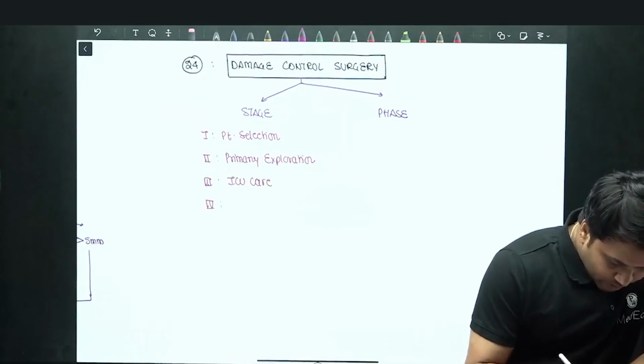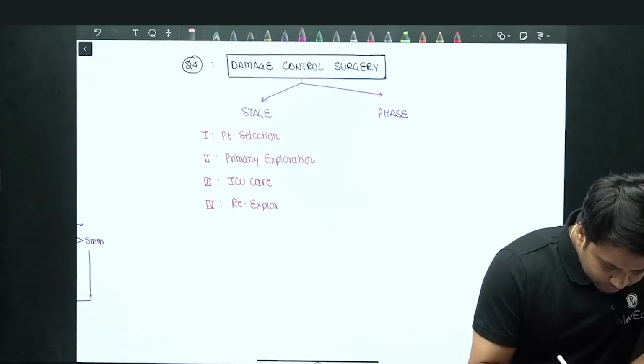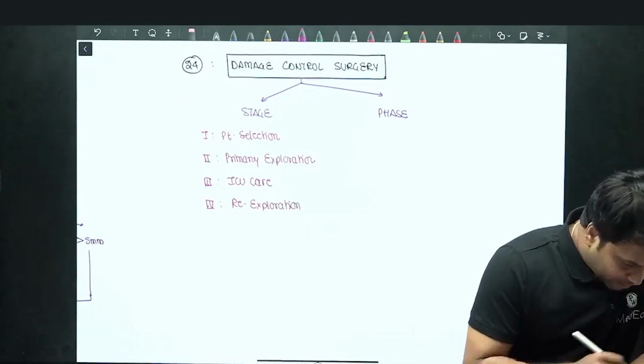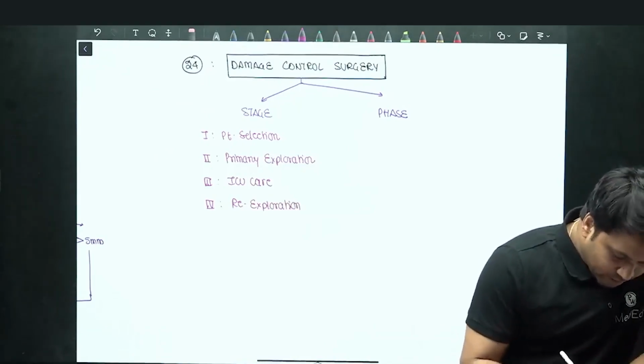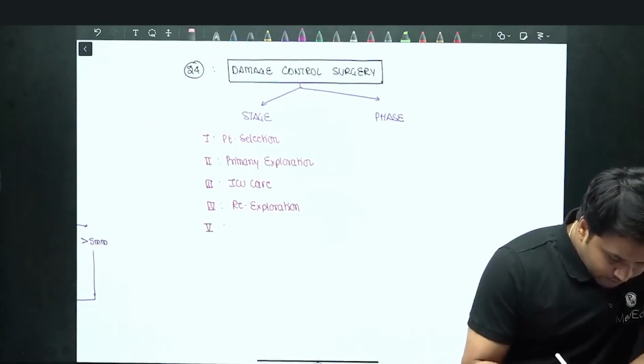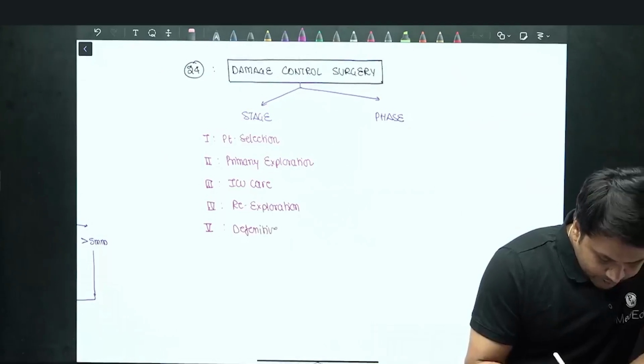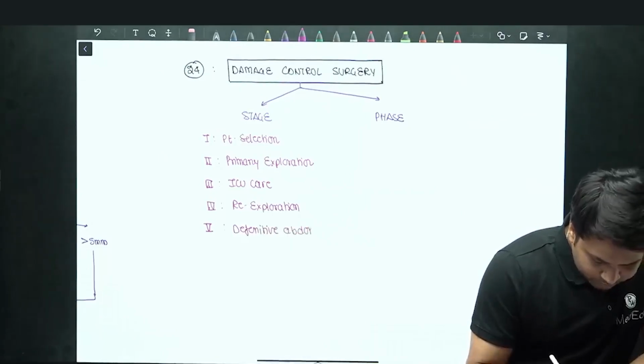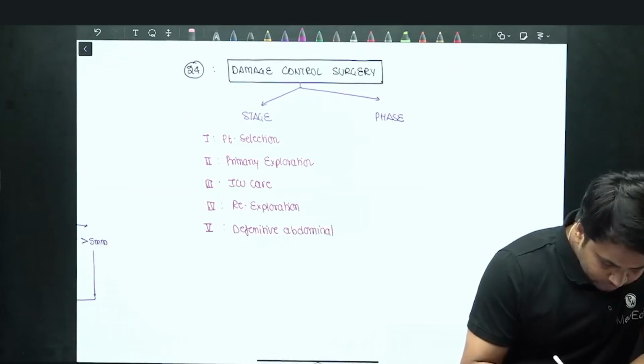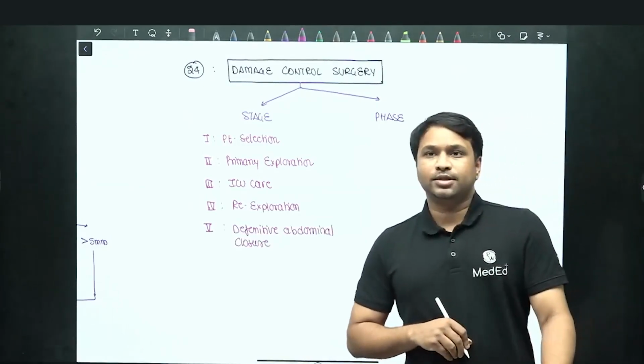Stage 4 is your re-exploration. And last one, stage 5, it is your definitive abdominal closure. Right? This is in terms of stage.